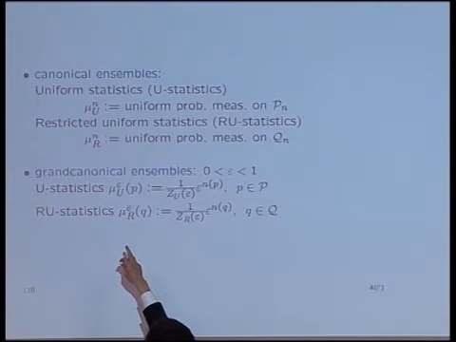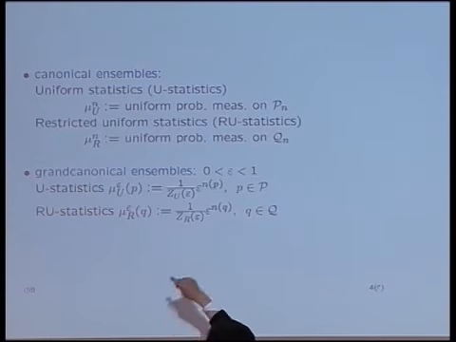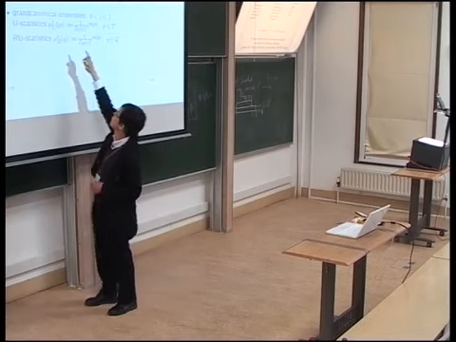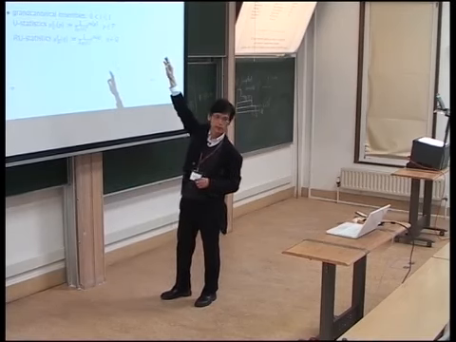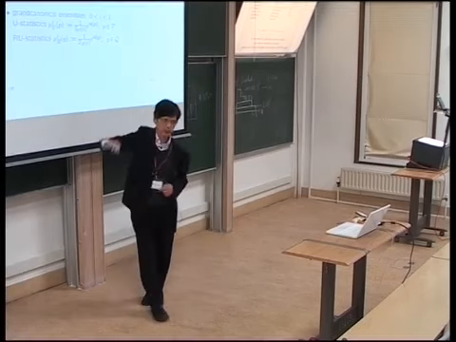Then I define mu u epsilon P by this formula, where Z u epsilon is a normalization constant. You should observe that the conditional probability on Pn is the uniform probability measure I defined already, because n of P is constant on Pn.